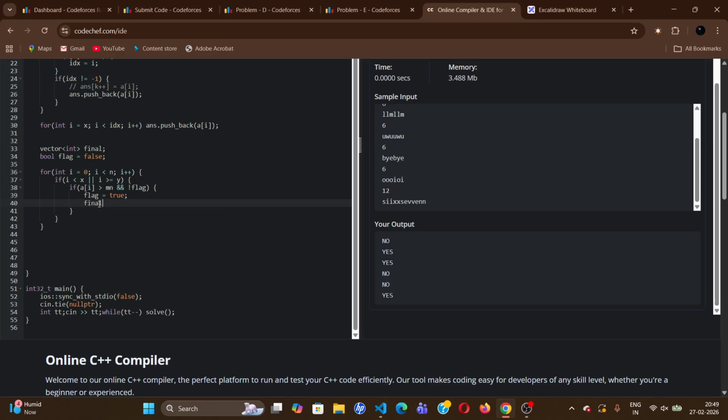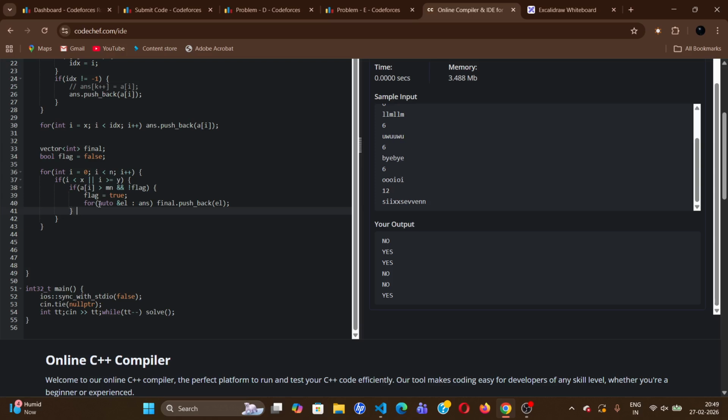Perfect. Now finally, the element in answer, pushback element.